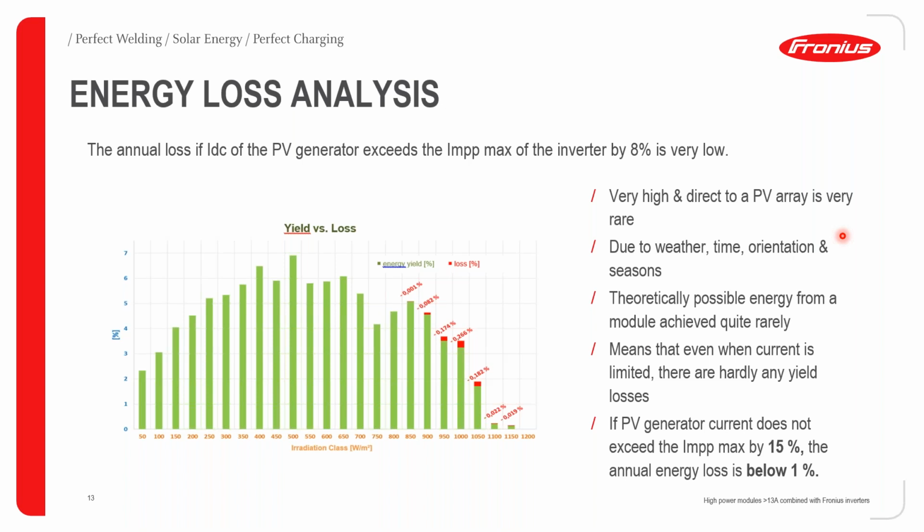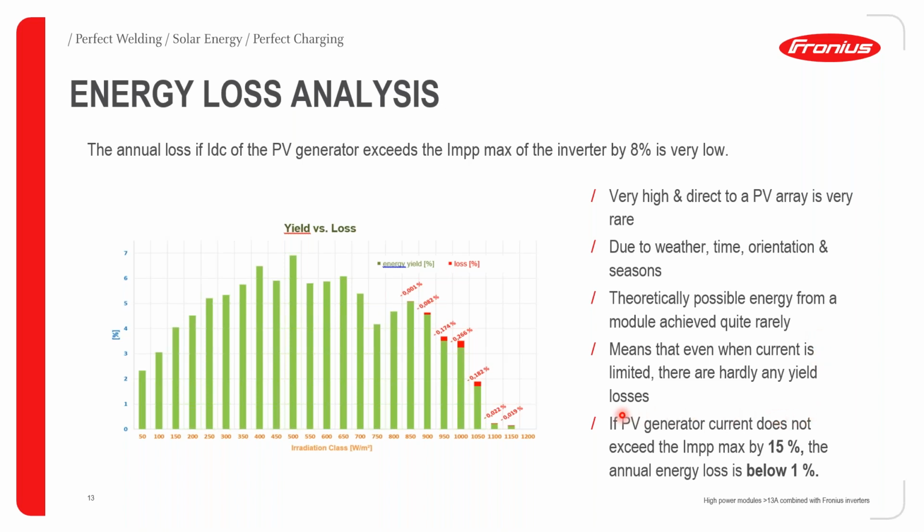And this can be due to weather, time, orientation, as well as the season of the year that you have. And therefore, because of these conditions, the theoretically possible energy that can be produced from the PV module is achieved quite rarely in terms of hitting the 100% rating of the module. And therefore, this means that even with current limitations, there are hardly any yield losses as far as the actual production of the inverter is concerned.